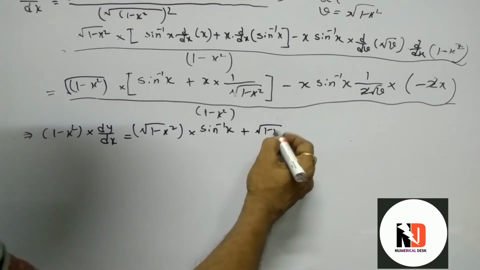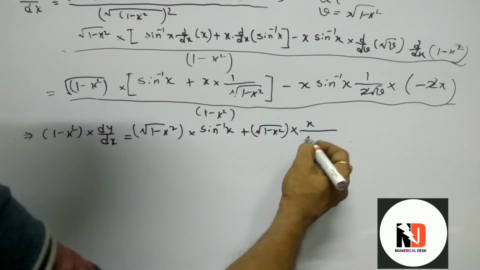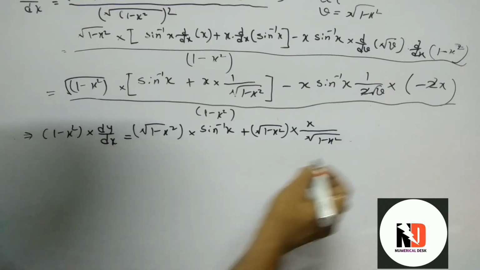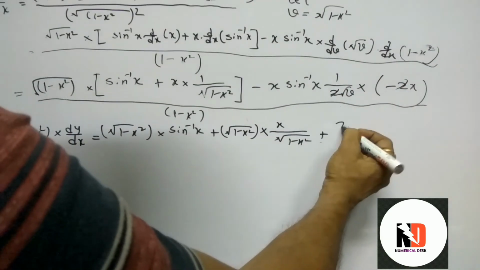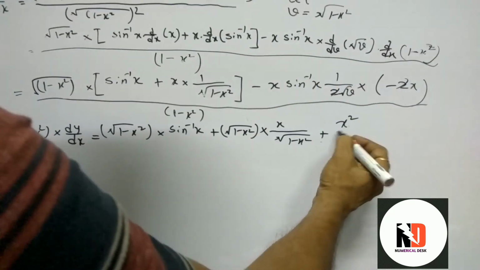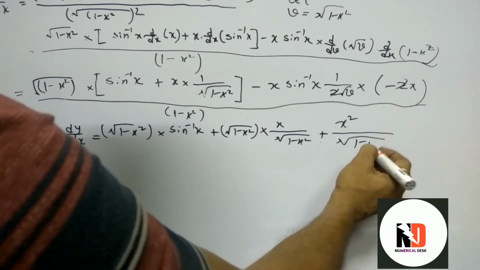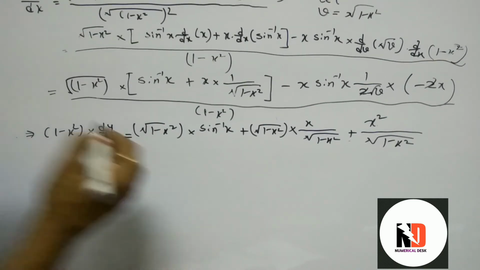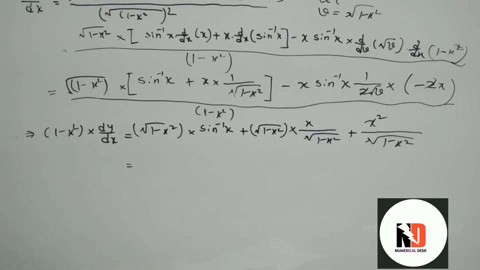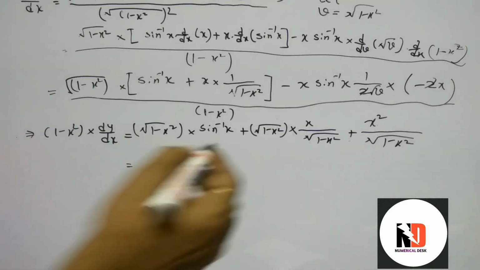Writing the terms so that no confusion takes place. Nothing new is written here, the same thing is written. So the 2 cancels, and from the second term we only remain with x, that is 2x, x square by root over, putting the value of v, 1 minus x square. Now let us multiply.